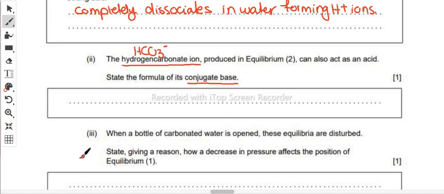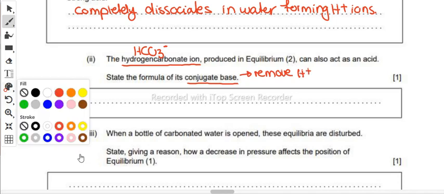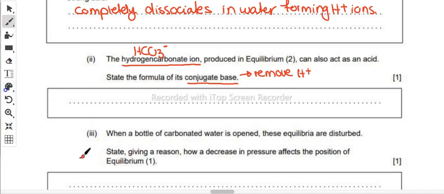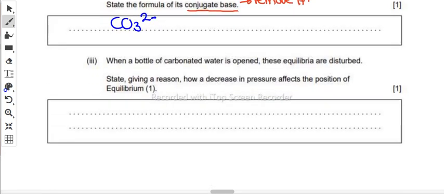We want to find out the conjugate base, so we need to remove H positive. So if we remove the H positive, our final answer will be CO3 and it will become more negative.